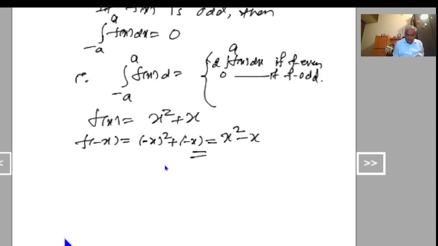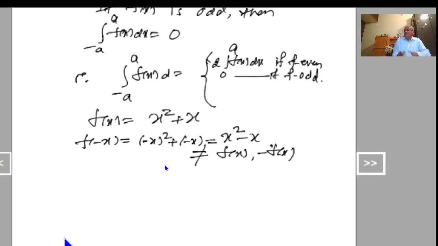Now this is neither equal to f of x nor equal to minus f of x. That means this function is neither an even function nor an odd function. This is some other function.